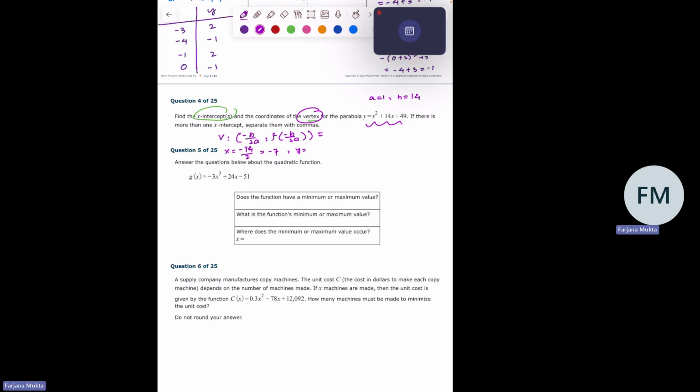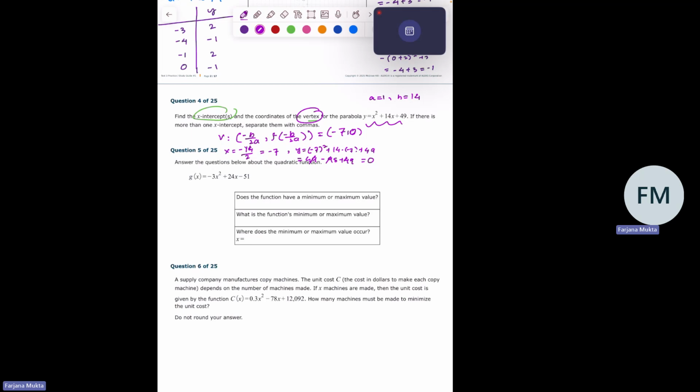So if we substitute negative 7, we'll get 49 subtract 14 times negative 7, which is 98, plus 49, and if we add them, we get 0, so everything cancels. So our y-coordinate is just 0, so our vertex is (-7, 0).